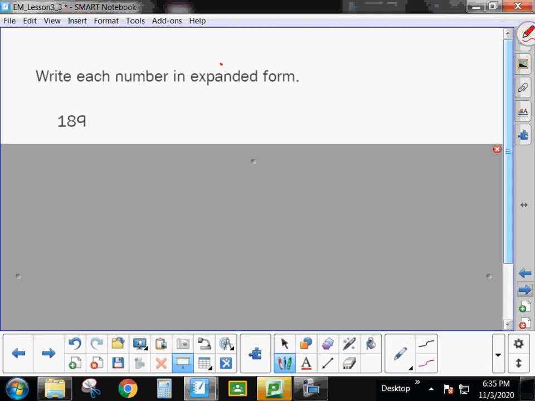Now, when I say expanded form, I kind of think of blowing up a balloon. When you blow up a balloon, it expands, it gets bigger. And so we're going to take this number and expand it. We're going to look at each of the digits, so this number 189. We're going to look at each digit and write out the value of each digit. So this 1 is in the hundreds place, so it's really 100.